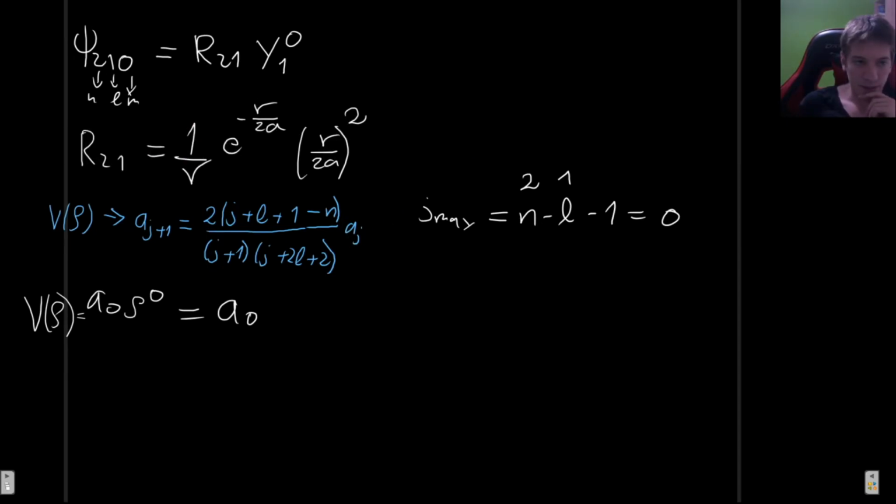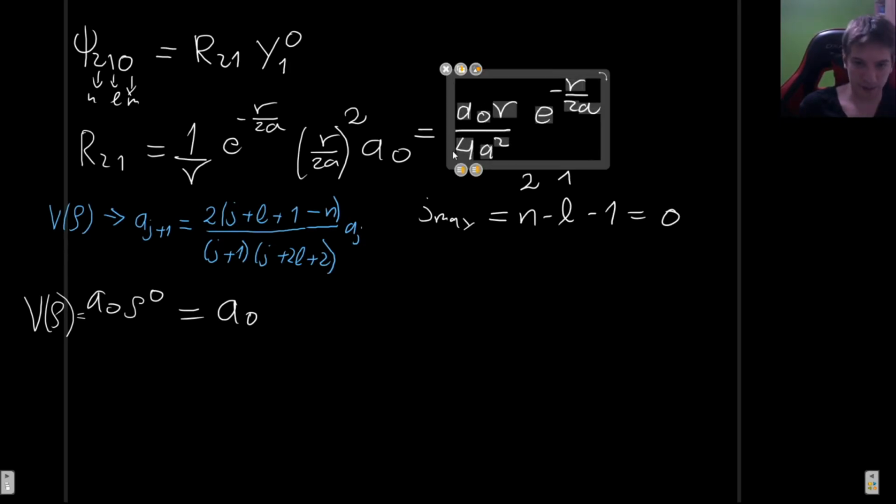So we get a0 multiplying here, and this r squared will cancel out the r that is in front. So let me actually write this a bit prettier, just saying a0 r divided by 4a squared e to the minus r divided by 2a. Now we need to determine the constant of integration a0.